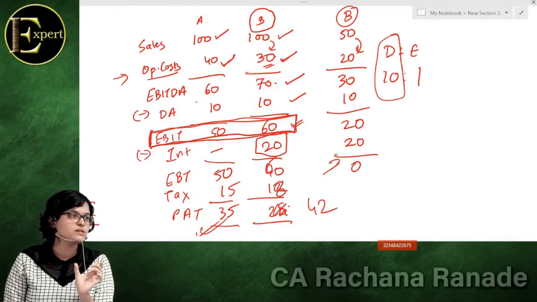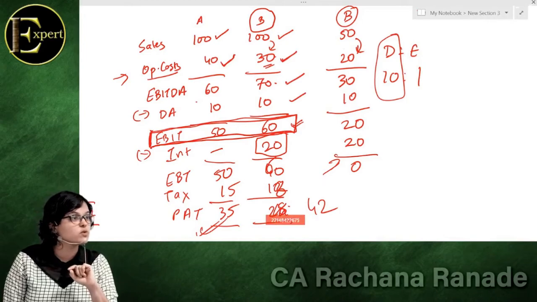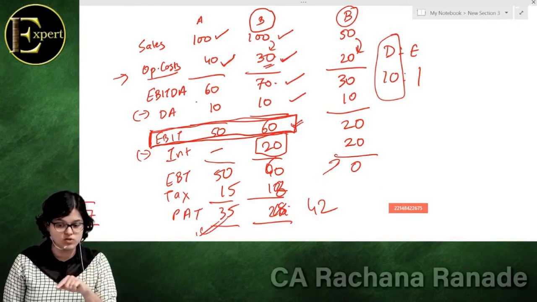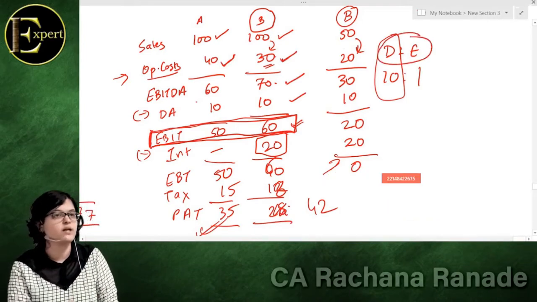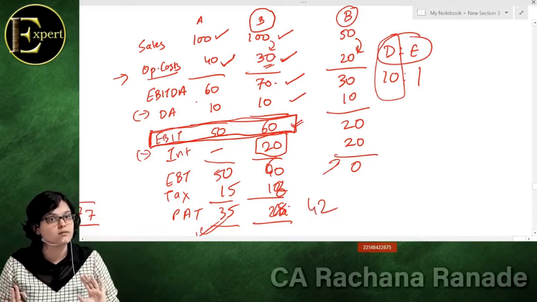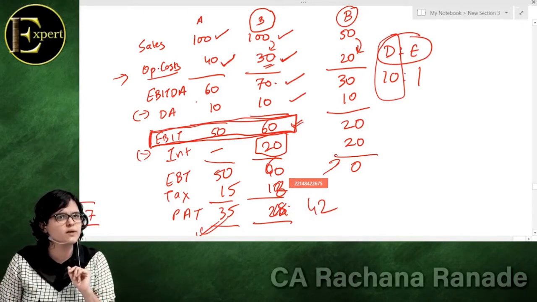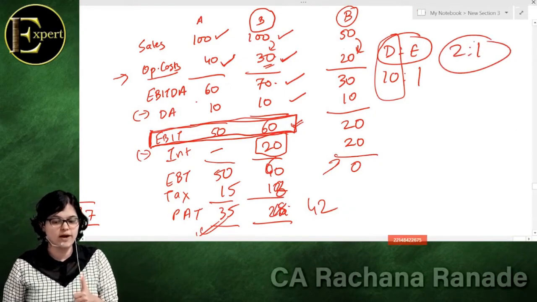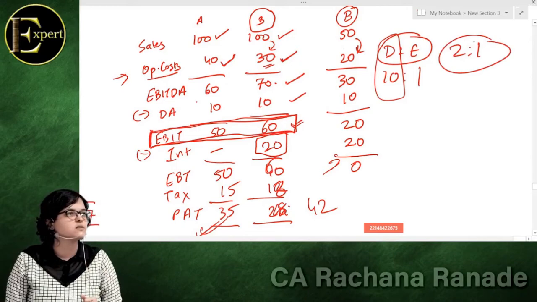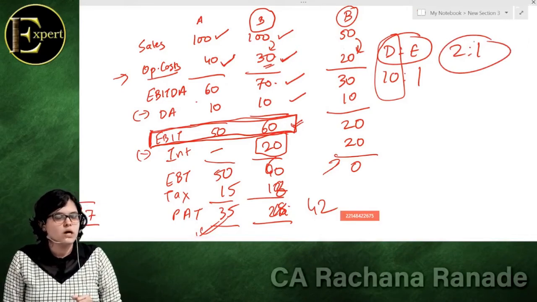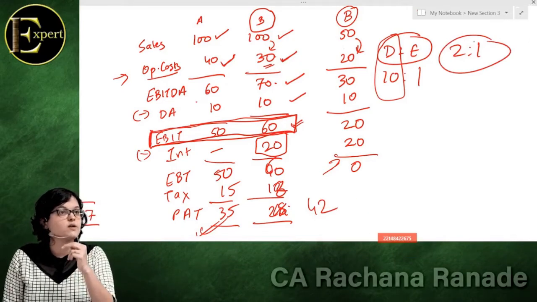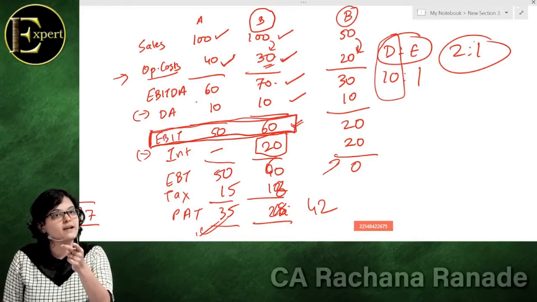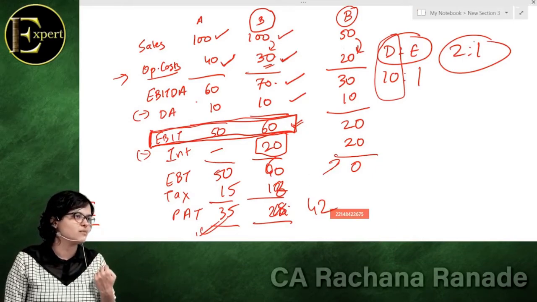Always compare it with one more ratio. And what is that one more ratio? One more ratio is your debt to equity. If this is not very high, what was our maximum, tell me? 2:1. Assume this is 2:1. Still can I go ahead with B as my final decision? Because I can see that B might grow at a higher rate as compared to A, because their operating profit is higher.